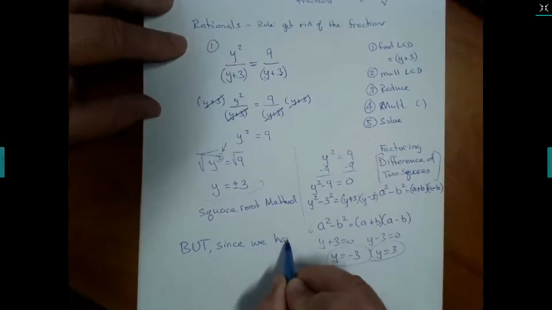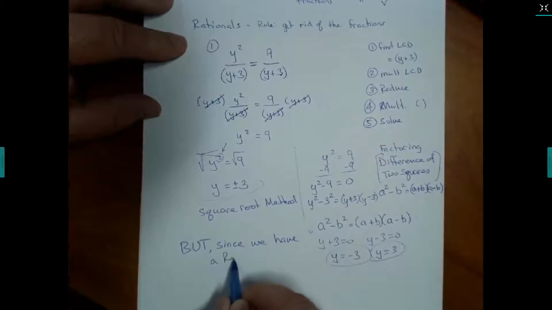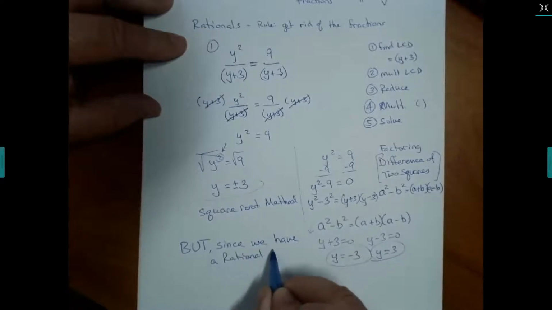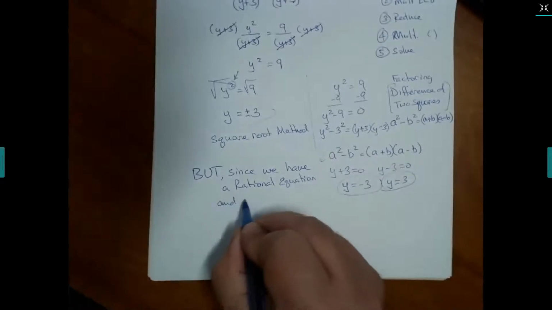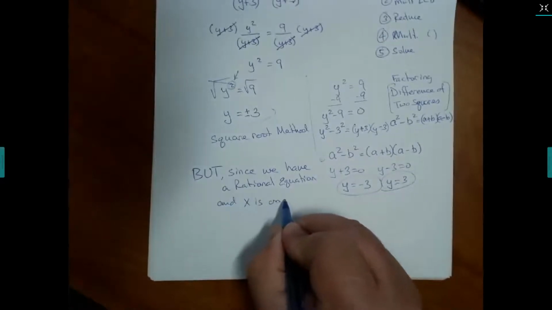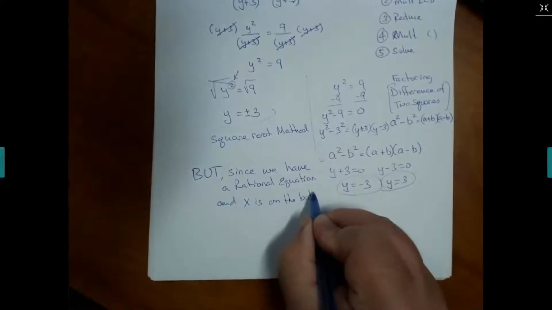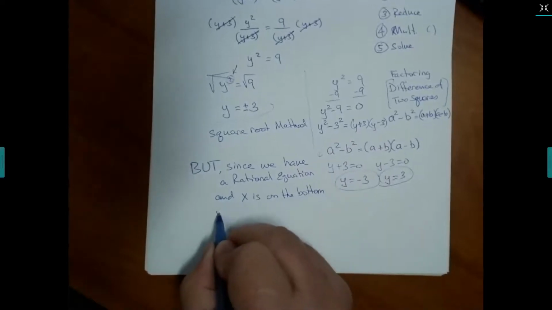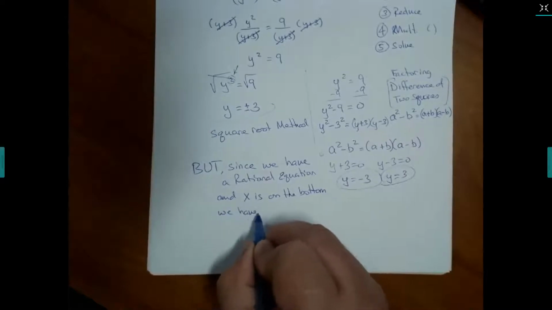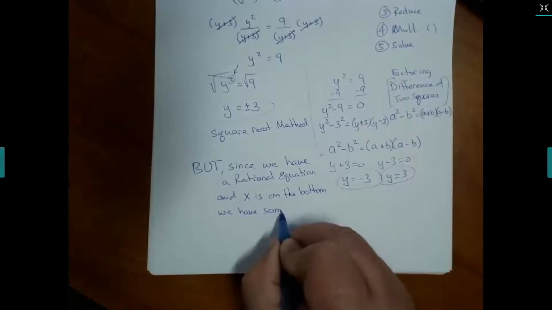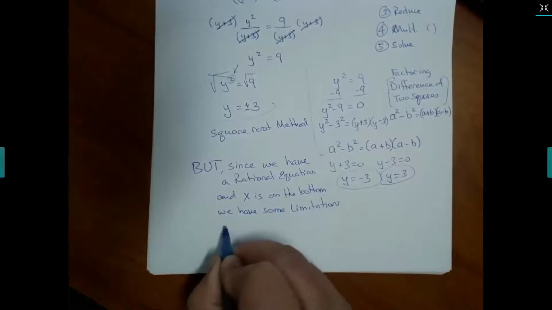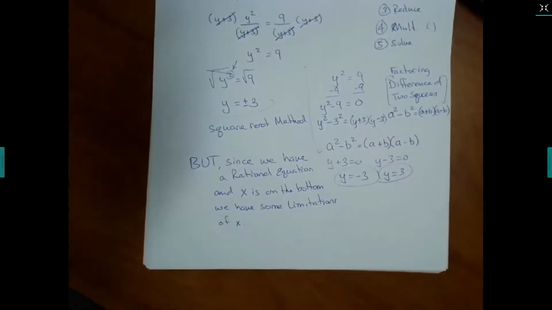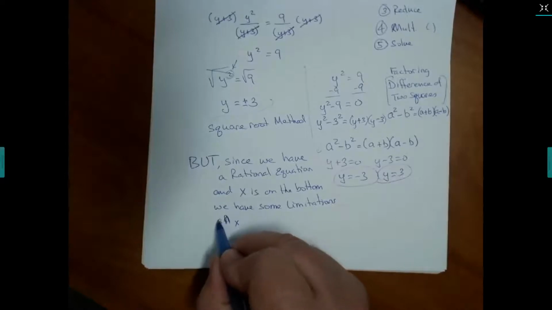Since we have a rational equation, and x is on the bottom, we have some limitations on x.